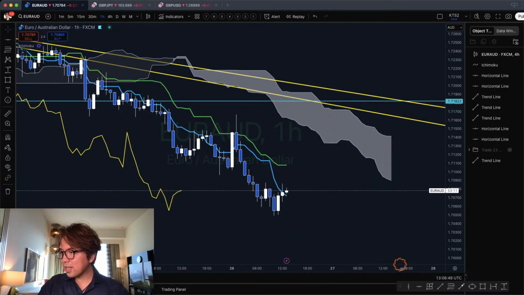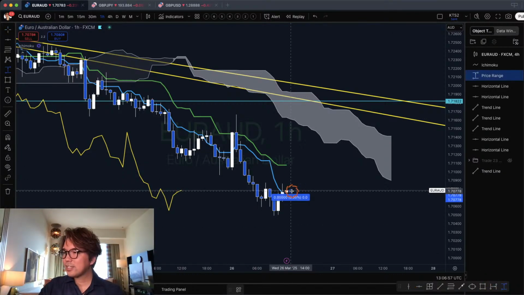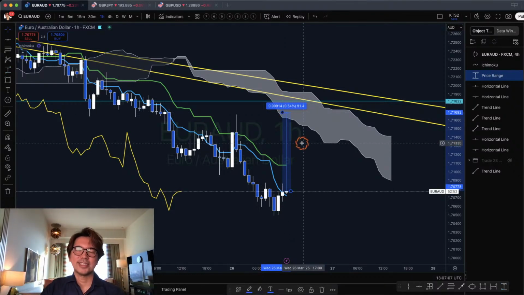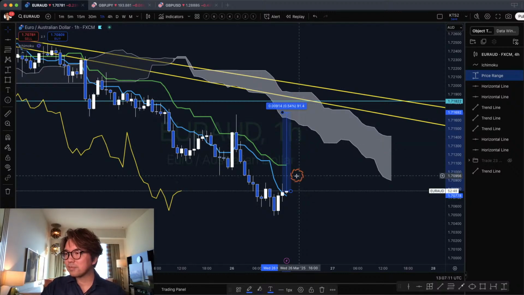So let's say if you enter sell now, the stop loss is going to be above the 1 hour high, and that's going to be 91.4 pips, which is quite wide. And you may ask, what about placing a stop loss above the Kijun Sen?